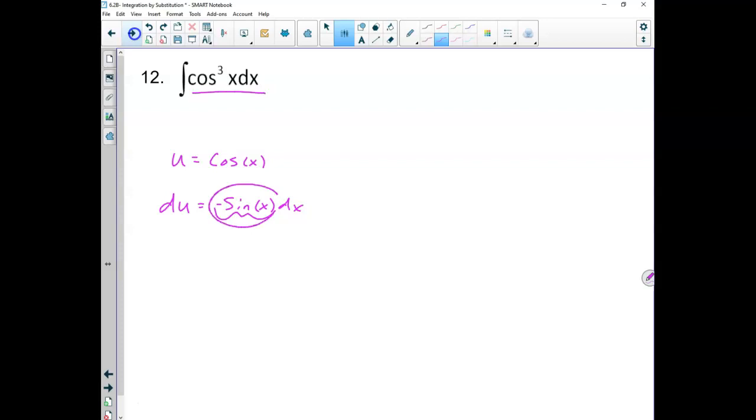Remember, this always gets absorbed and reduces out with something in the original integral, and that doesn't work. And it's really a cosine cubed.